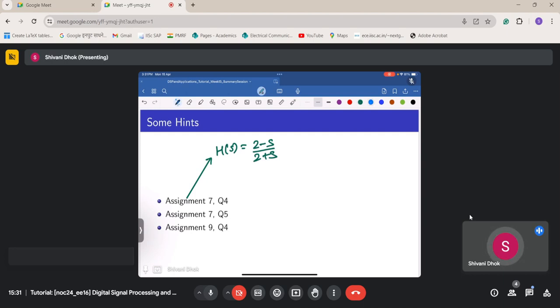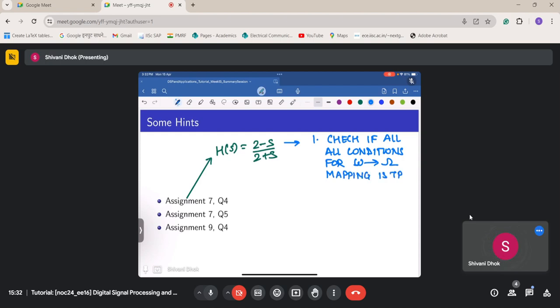So for a bilinear transform, what you need to do is check if all the criteria for small omega to capital omega mapping is true.